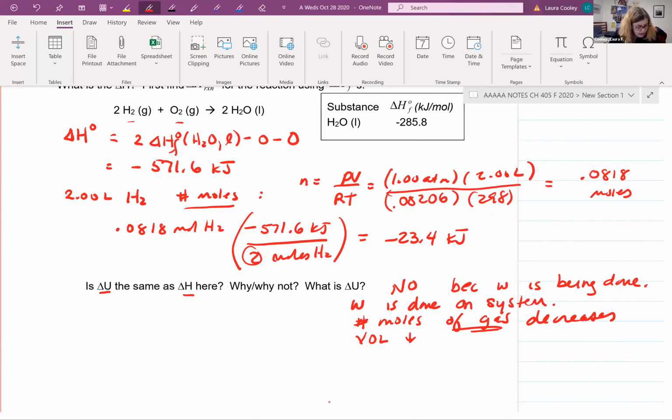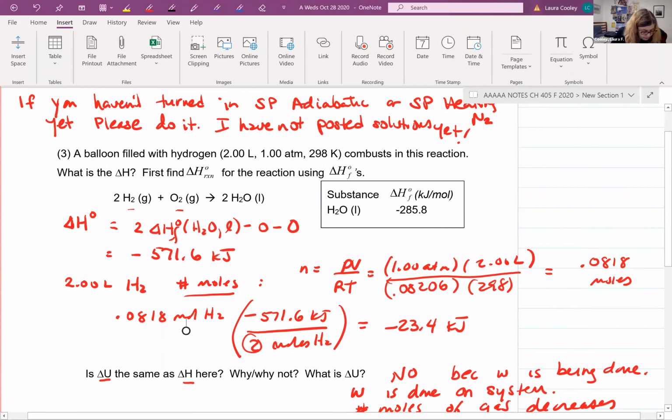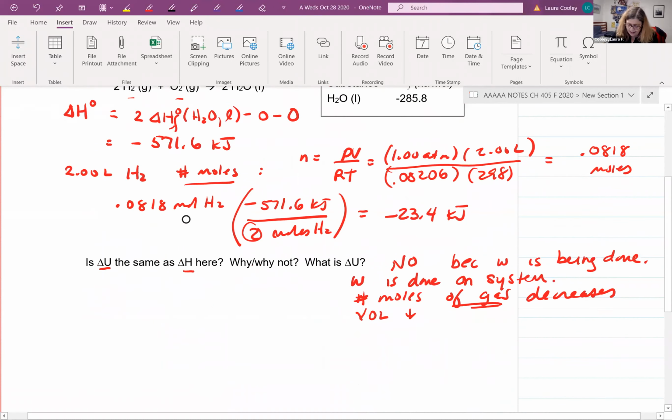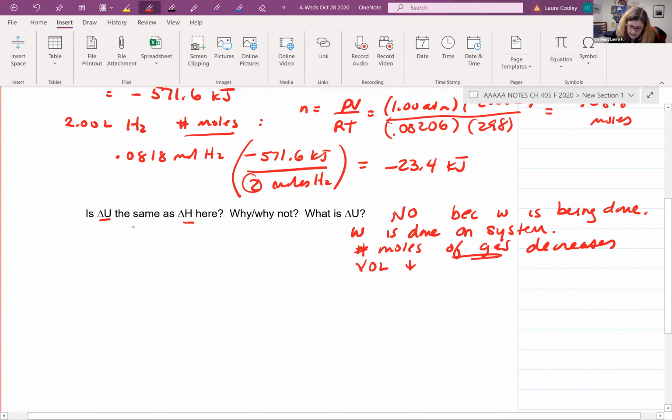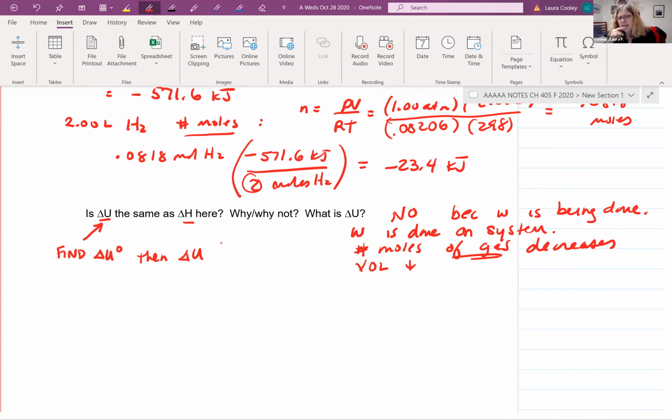Let's do it here. Yeah, this problem, if you're asked to find delta U, even though you're not asked to find delta U0, although maybe I wrote it in the new version, I would always recommend that you find the delta U0 and then delta U. It's easier than going from delta H to delta U, because finding that change in moles is going to be harder when you're dealing with an amount that's not the per molar amount.